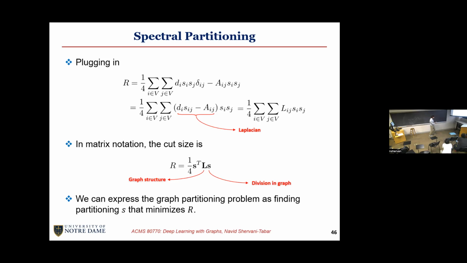And here we see that this cut size is looking at S, which is our partitioning, and looking at L, which is the structure of the graph that we are in, right? So we can redefine minimizing of this cut set in terms of the Laplacian.